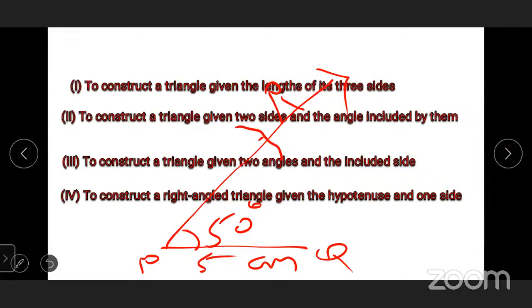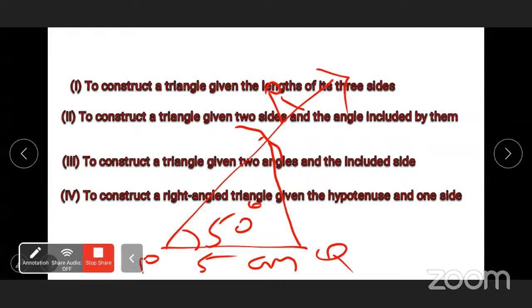Name that point R and with the help of the ruler, join the point R and point Q. That is a very easy process.